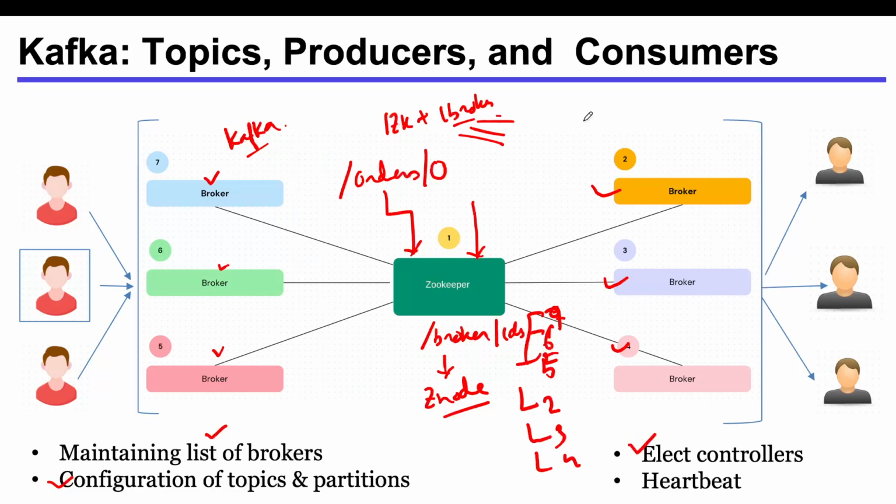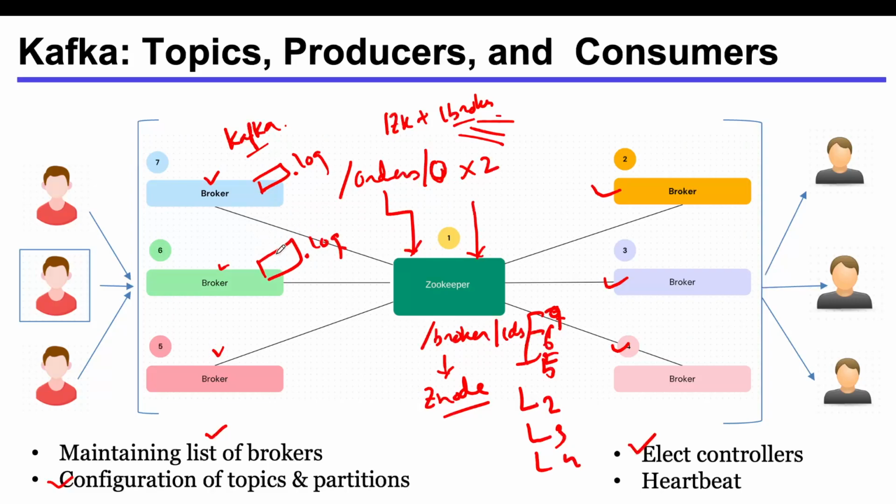For example, when we create this orders topic with partition 0 and a replication factor of 2, a replication factor of 2 means the same log that gets stored in this broker will get replicated in another broker instance.